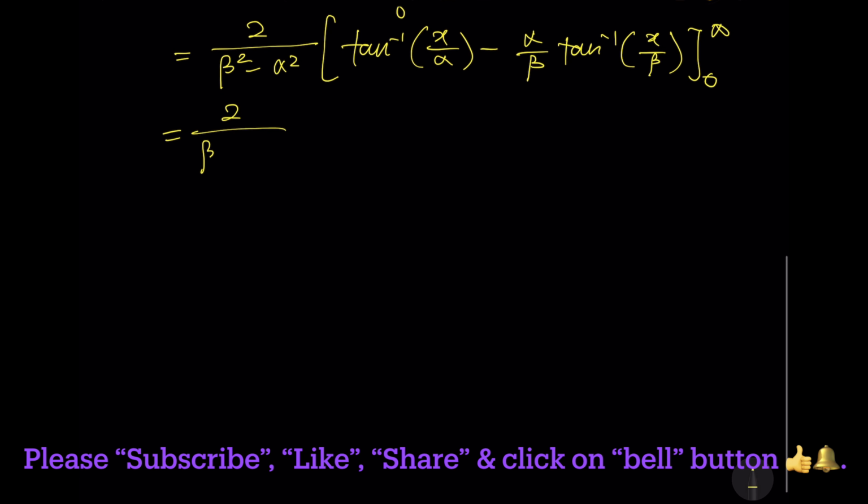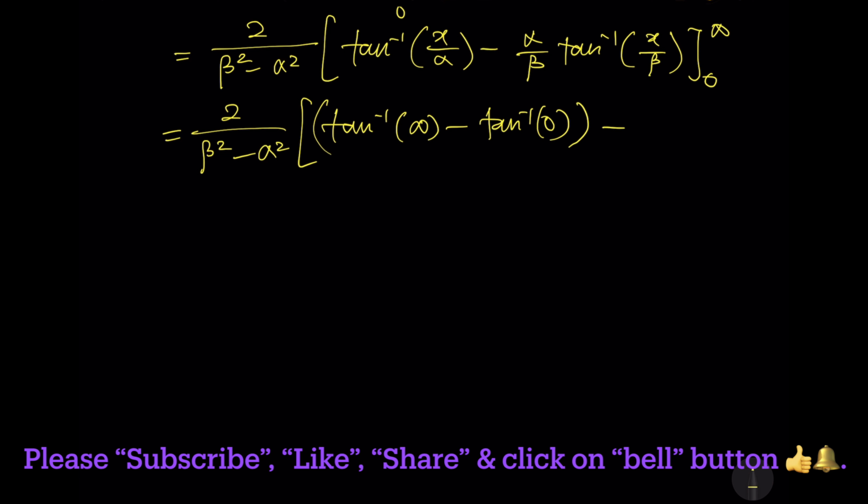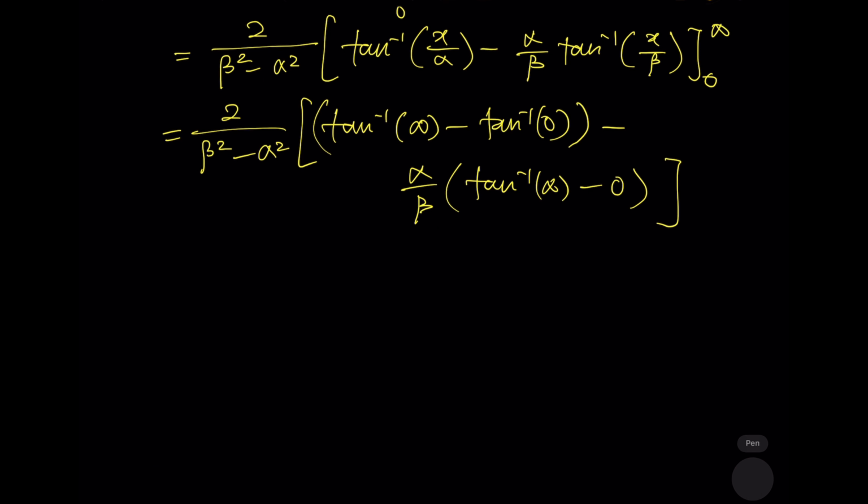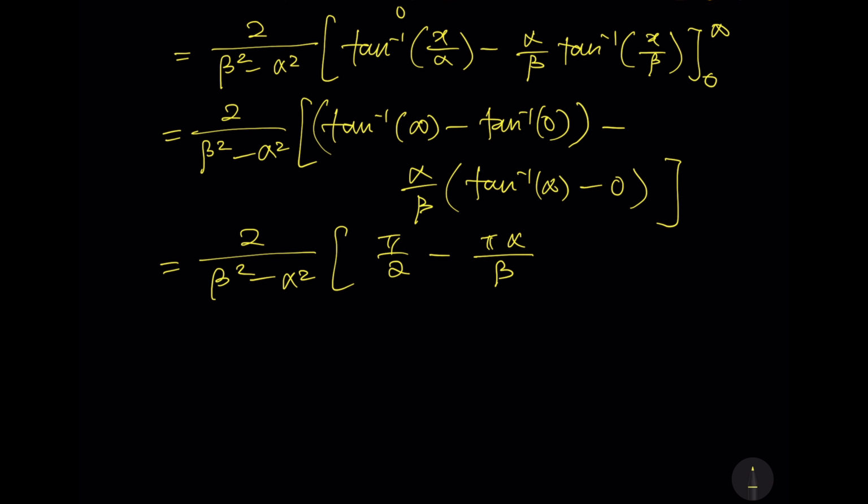Put in x tends to infinity and x equal to 0. We know inverse tangent of infinity is pi over 2 and inverse tangent of 0 equals 0. From here we obtain 2 divided by (beta squared minus alpha squared) multiplied by (pi over 2 minus pi alpha over 2 beta).